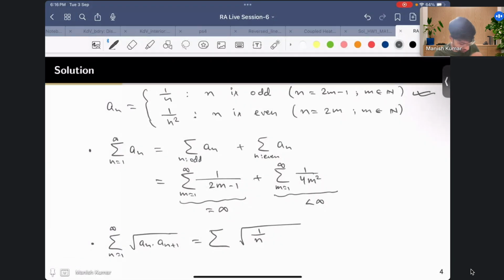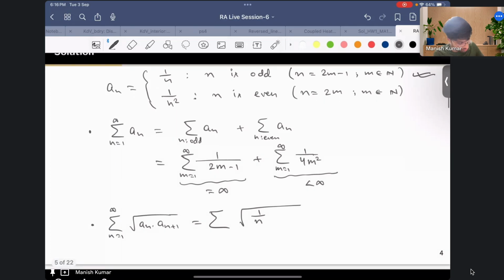So how should I write it? Let's write it in this fashion. So an I am writing as a2m, where n I am choosing as even, and the next term would be odd. So I am fixing n equal to 2m, or should I do it the other way around? So you just do it the other way around, so that this becomes the odd: a2m minus 1 and a2m.